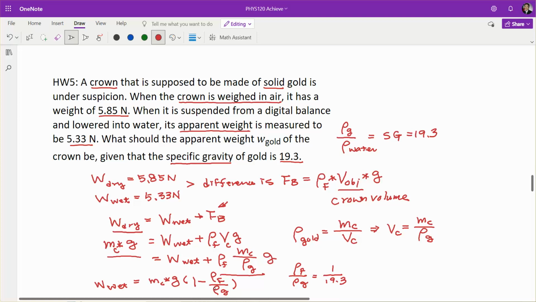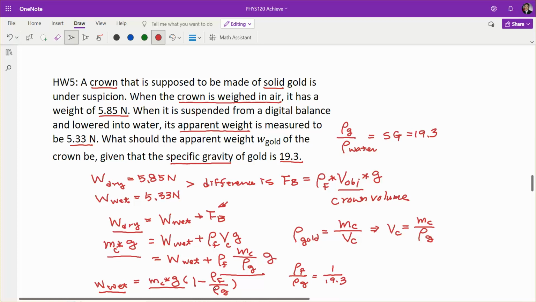With this equation, we can find the density of the gold if we know the wet weight, which is 5.33, the dry weight, which is this one here, and the specific gravity.